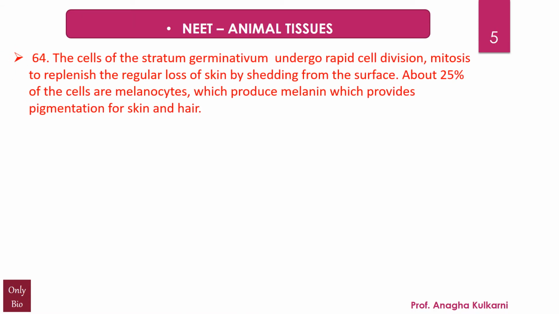Point number 64. The cells of the stratum germinativum undergo rapid cell division, that is mitosis, to replenish the regular loss of skin by shedding from the surface. About 25% of the cells are melanocytes, which produce melanin, which provides pigmentation for the skin as well as the hair.